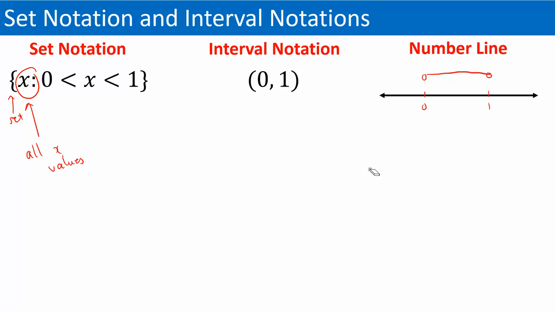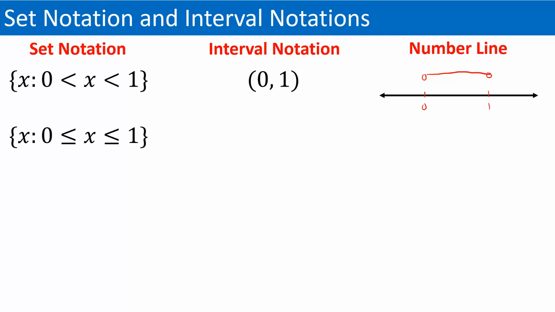Yeah? Now I'm going to do the next question, because I'm getting you to use interval notation and set notations. Here we go. Let's read this one now. Yasmin. Thank you.